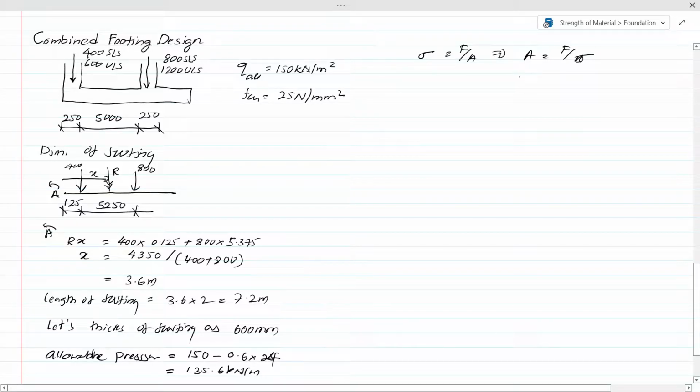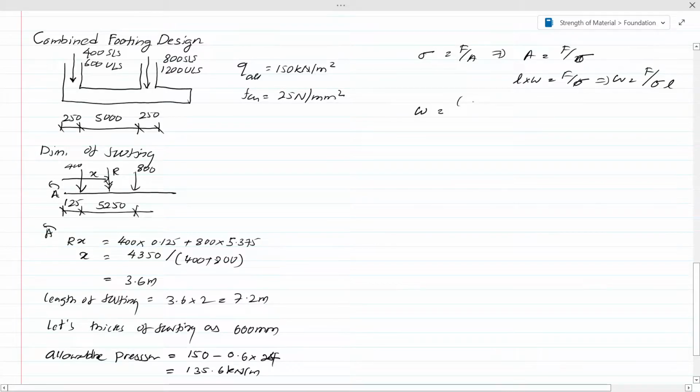A will be length into width equal to F divided by stress. From this you can get width as F divided by stress into L. Right. Now we can calculate the width of the footing.